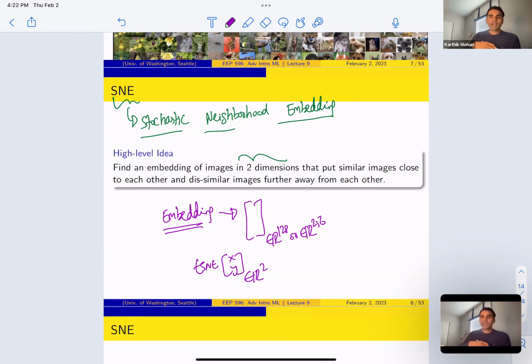Even if the data point had 100,000 or 10,000 dimensions, you're compressing it into a smaller dimensional space. The dimension of that space is something that you determine, but typically it's not more than 1,000 dimensions. For t-SNE, it's just 2 dimensions. So you're putting it all in 2 dimensions. The t-SNE is a special case. So whenever you hear the word embedding, just think of this small dimensional vector, irrespective of how many dimensions your original representation has.